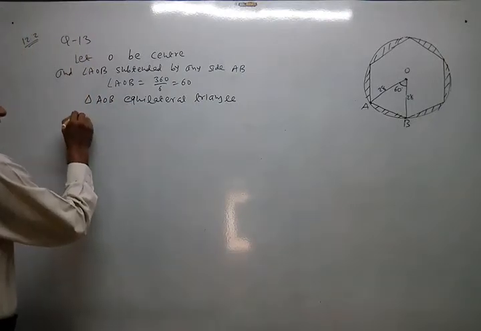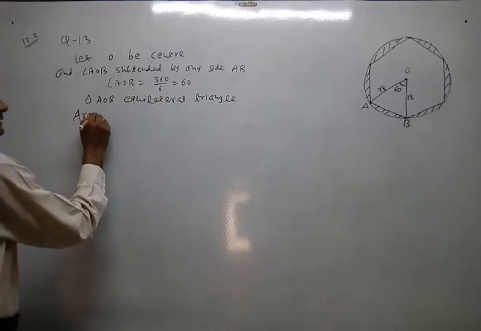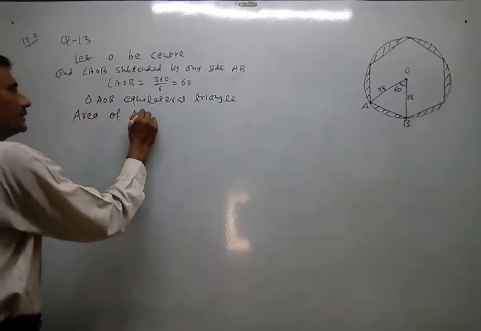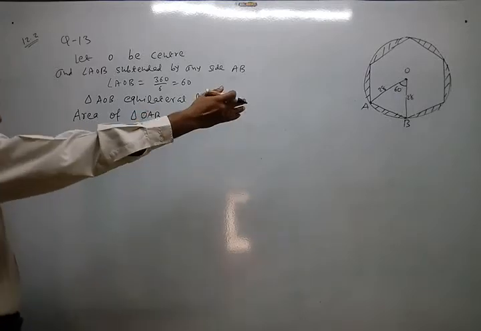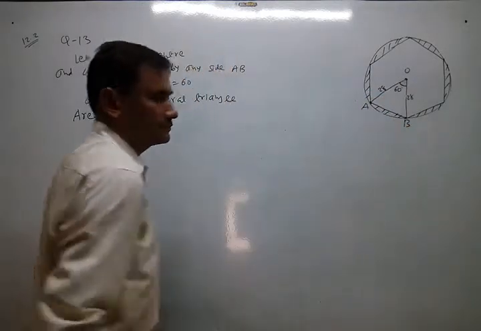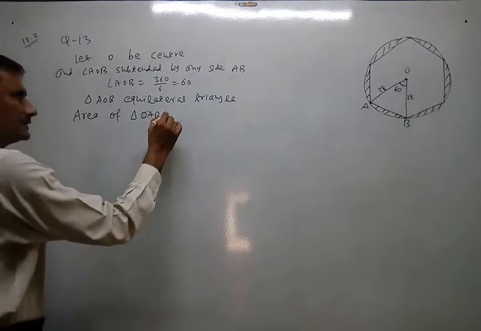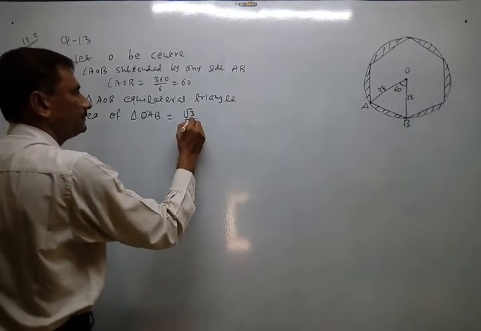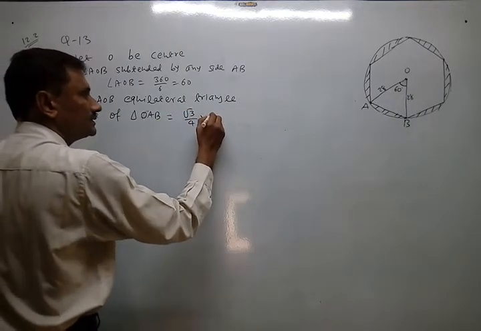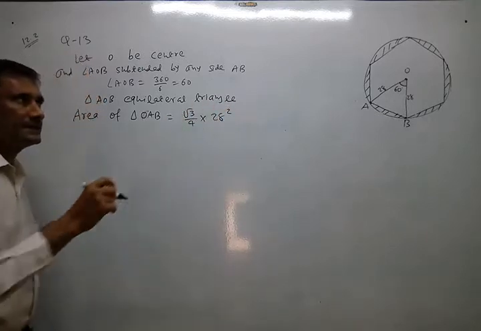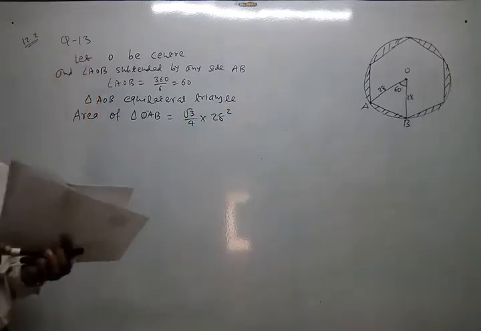So write down the area of triangle AOB. We would describe it here because this is the extra we have drawn. It is equal to root 3 by 4 into how much? 28 square. Side is 28. You can look there, and that is given.